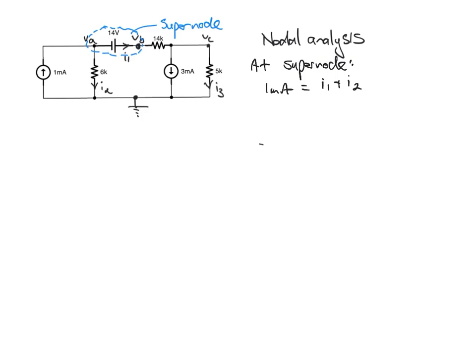Now we write the currents in terms of the node voltages. So we've got 1 milliamp is equal to VB minus VC divided by 14 kilo ohm, and that is because this current I1 has been defined as flowing from VB to VC. So this is part of VC because it's an expanded node through the 14 kilo ohm resistor.